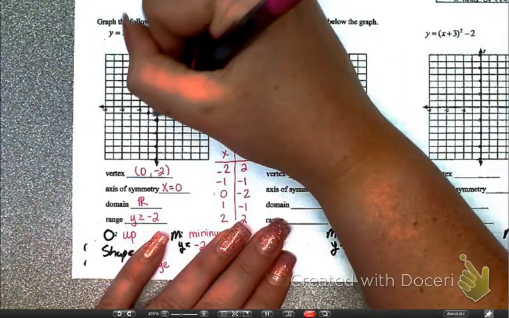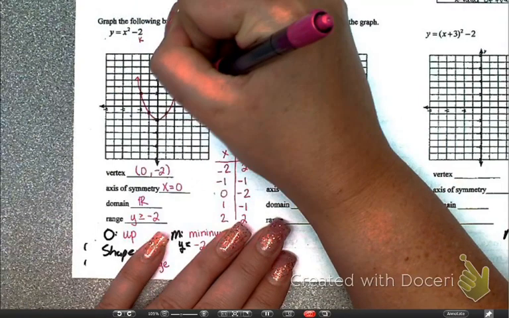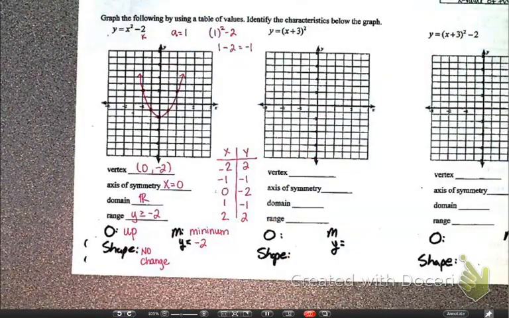You'll see that the points literally match up. Does your graph look like that? Yeah? Awesome.